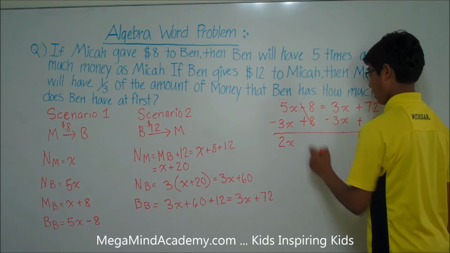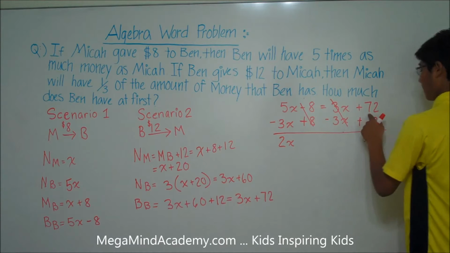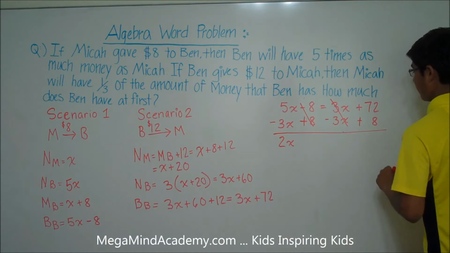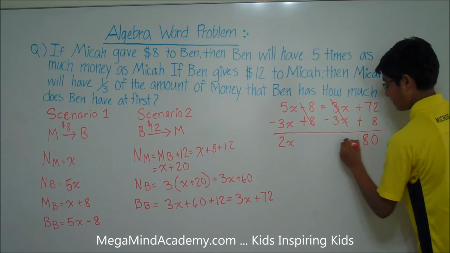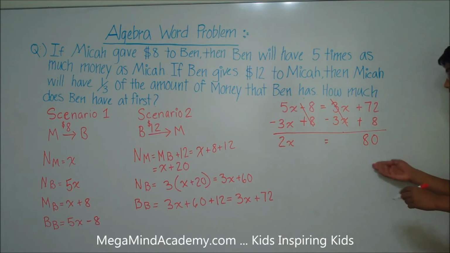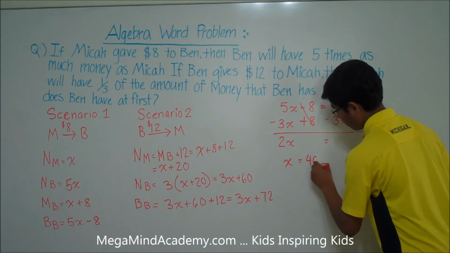So after this, we get 5x minus 3x, which is 2x. 3x minus 3x cancels out, and 72 plus 8 is equal to 80. So 2x is equal to 80. So x is equal to 40.